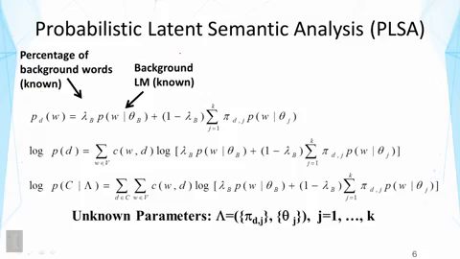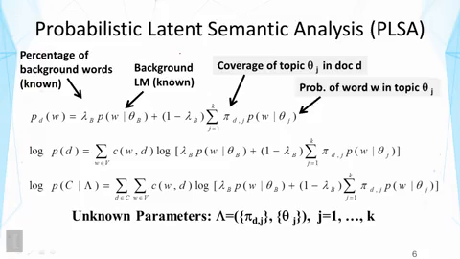Now next, in the rest of this formula, you see two interesting kinds of parameters. Those are the most important parameters that we are after. So one is pi's, and these are the coverage of topic in the document. And the other is the word distributions that characterize all the topics.